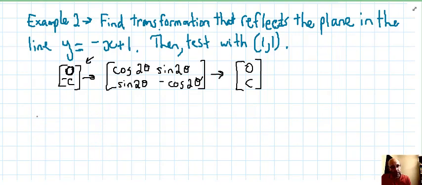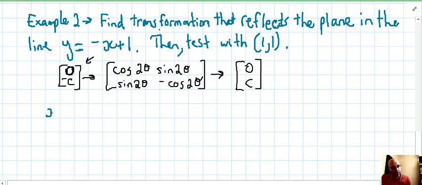So let's put this together like we did with the other example. We've got our result x dash, y dash. Now remember the order, so because of these two here, they have to be multiplied.